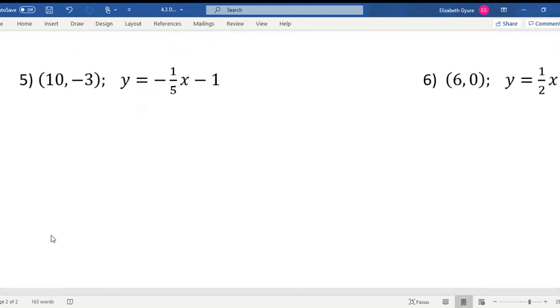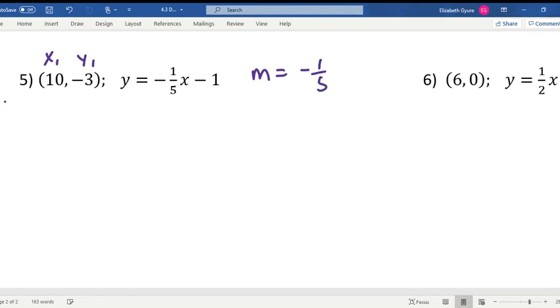All right, number 5. I actually do want to look at 5 because it has a negative slope and a fraction, and then we'll spend some time on our homework, okay? So number 5. You guys still get confused by negatives. All right, so you got x1, y1, and then your slope is what?